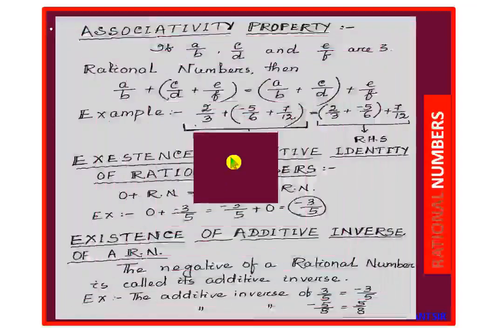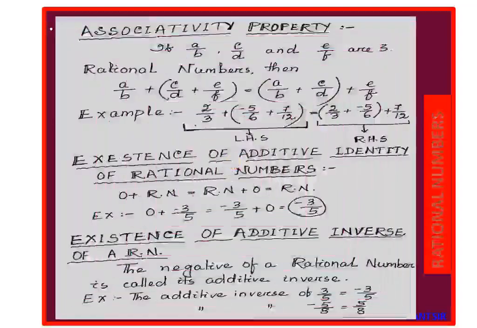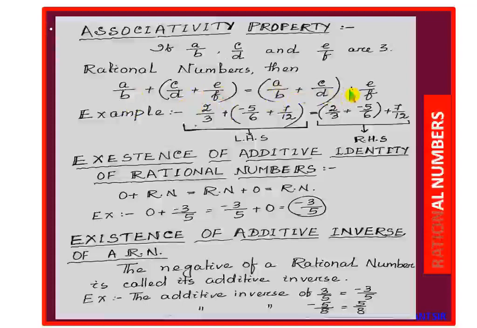Next, the associative property. If A by B, C by D and E by F are three rational numbers, then the associative property is A by B plus (C by D plus E by F) equals (A by B plus C by D) plus E by F. Observe here that the last two rational numbers are in brackets, and here the first two are in brackets.